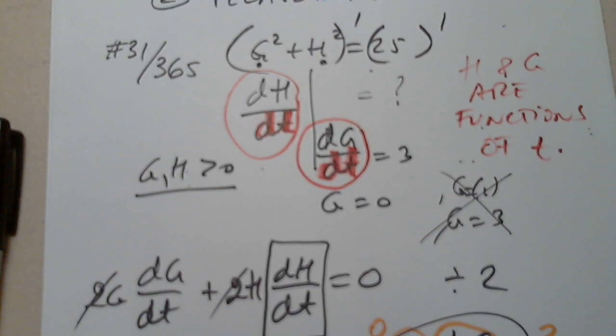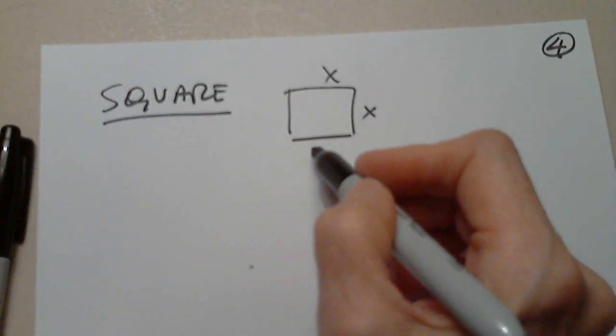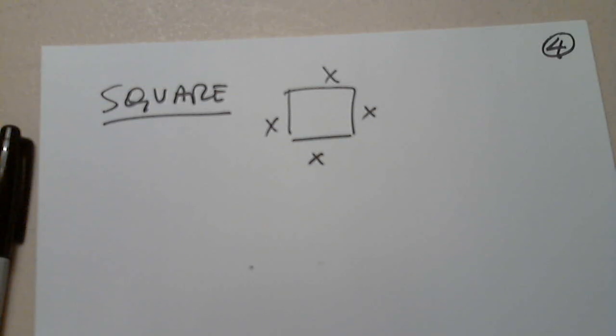Good. So here's another question on related rates. Let's say I have a square. And as we know, the square has all sides equal.